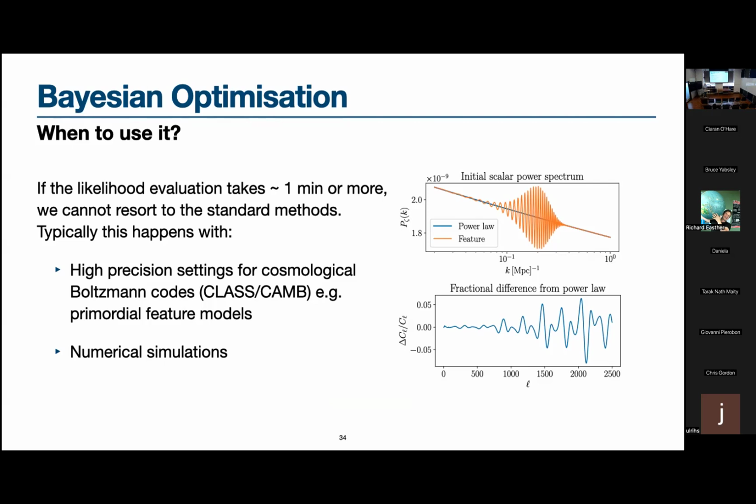But also, in general, if you have some likelihood that relies on numerical simulations, you will naturally have a situation where the likelihood takes some time to evaluate. And for these situations, we want to use a technique called Bayesian optimization to speed up or try to evaluate our Bayesian evidence in as few likelihood evaluations as possible.